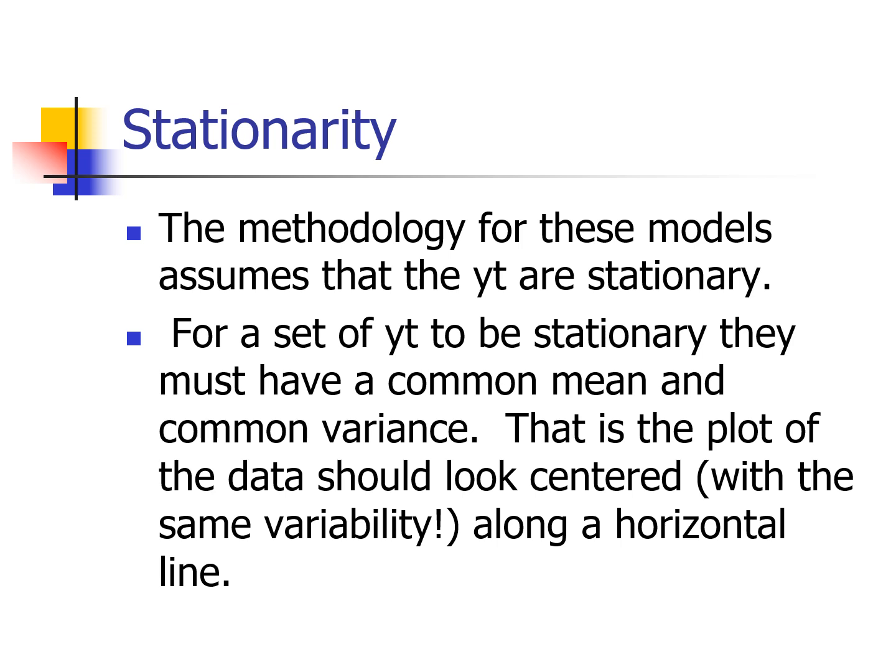Now, for a set of observations to be stationary, they must have a common mean and a common variance. There's a little bit more to it, but that's the big picture idea. That is, the plot of the data should look centered, that's the idea of the common mean, with the same variability along a horizontal line.